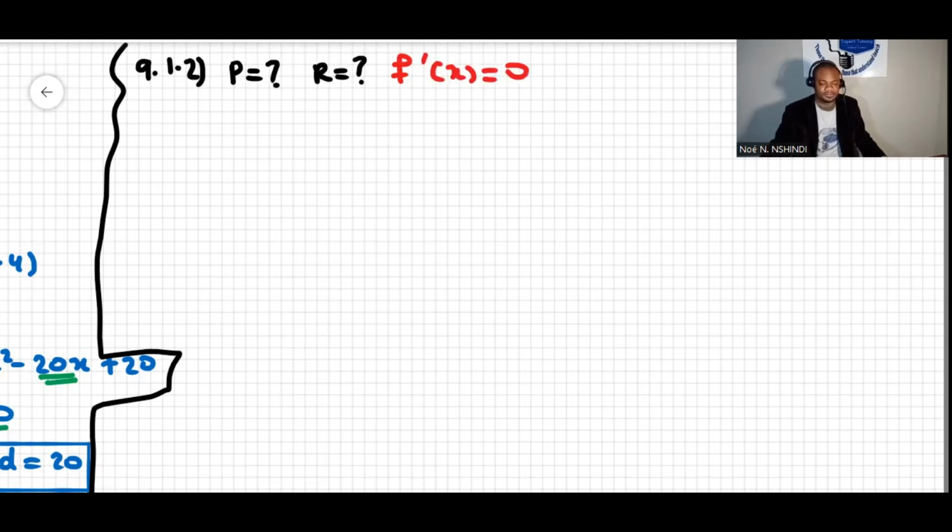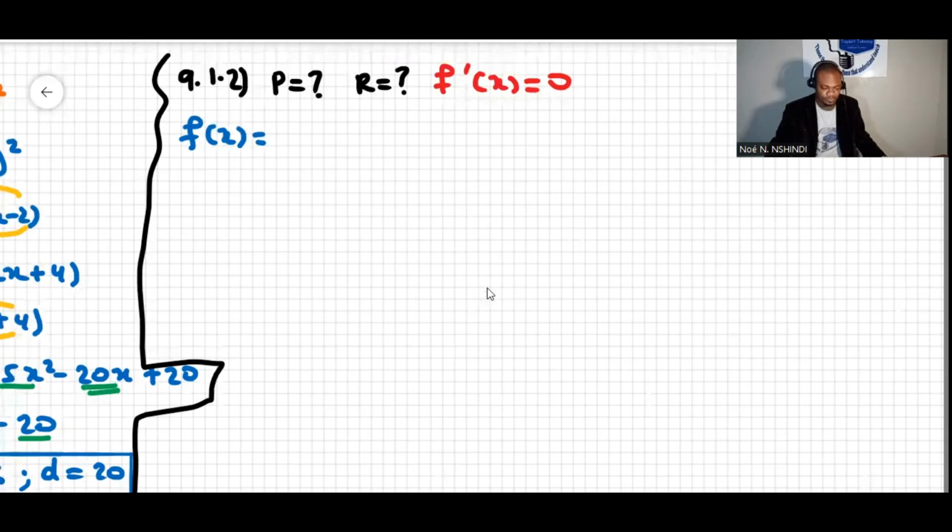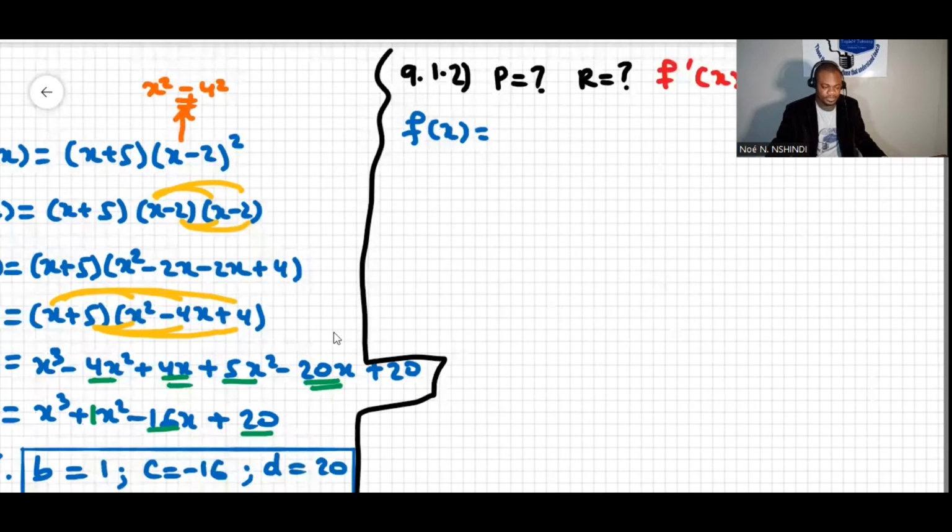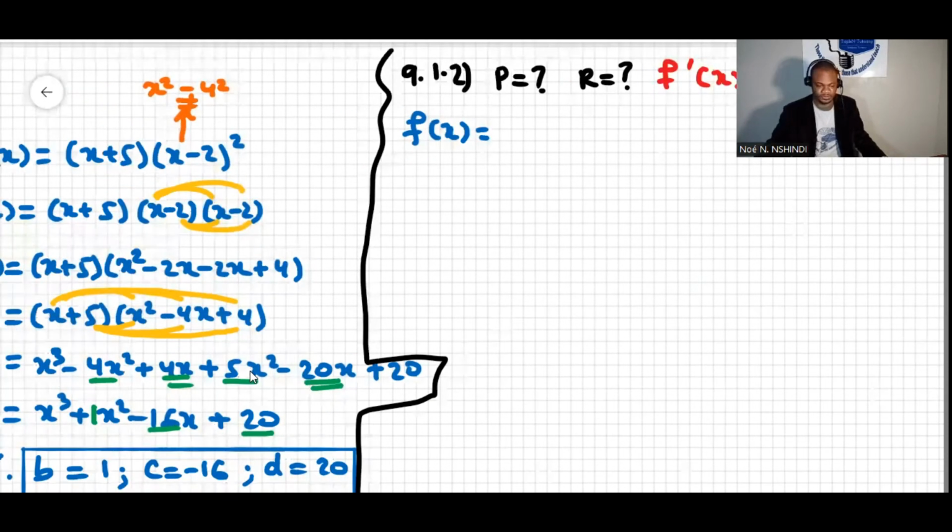And the function itself, as we found it, is f of x equal to x cubed plus x squared minus 16x plus 20.